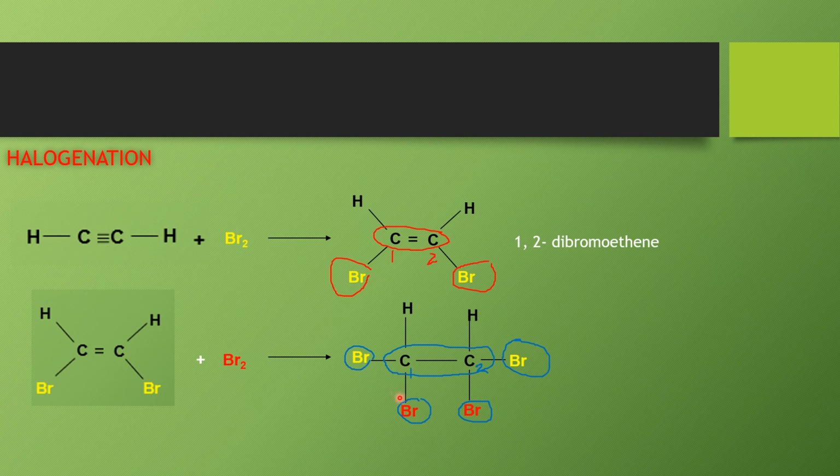So the name will be 1,1,2,2 tetra. Tetra because there are 4 branches of the same kind. 1,1,2,2-tetrabromoethane. Okay, so the color change here will be brown due to the bromine, and it will turn to colorless because these alkyl halides are colorless compounds.